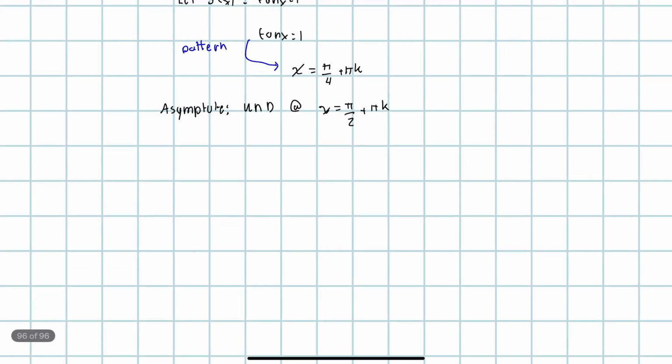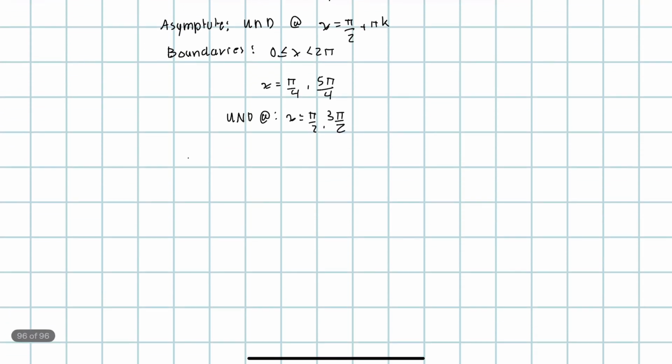Okay, so now let's talk about our boundaries. This is gonna be on 0 less than x less than 2 pi. So we have x is equal to pi over 4 and 5 pi over 4. But it's undefined at, these are our asymptotes, x is equal to pi over 2, 3 pi over 2.